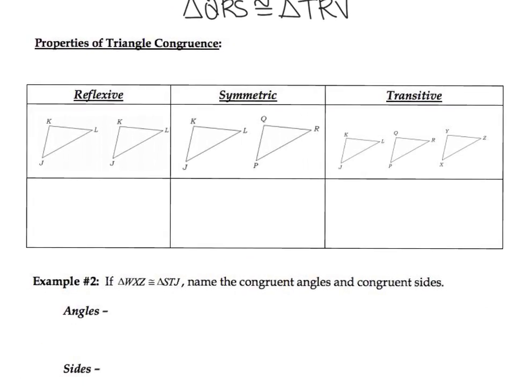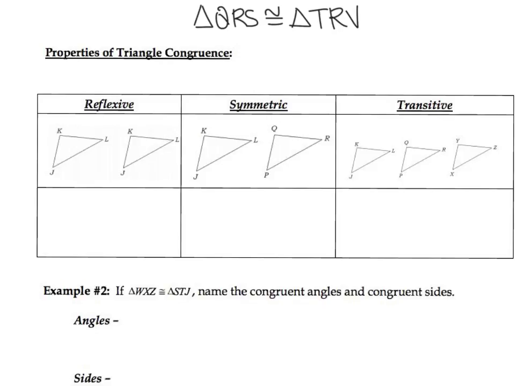We can also have properties of triangle congruence that we saw in previous sections. We have a reflexive, a symmetric, and a transitive property. The reflexive property just says that a triangle is congruent to itself. So we have triangle JKL is congruent to triangle JKL.